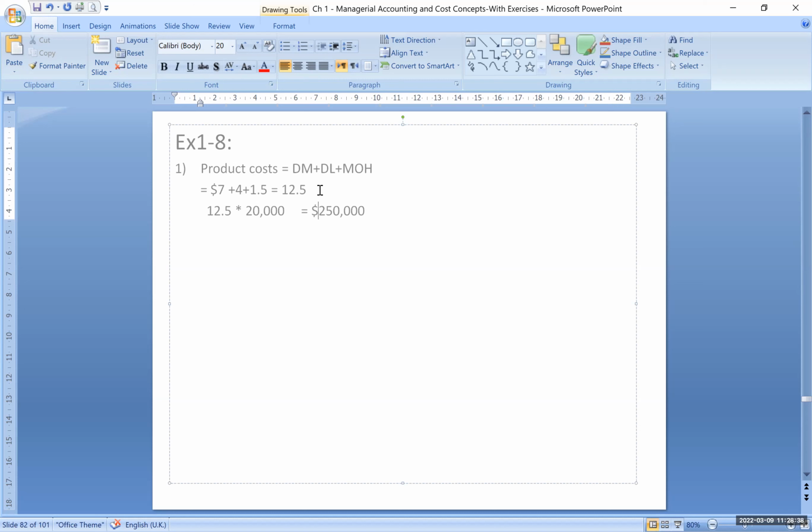Direct labor is variable also. And the 1.5 is the variable manufacturing overhead per 1 unit, multiplied by 20,000 units to get the total variable manufacturing cost. So if you like, this will be the total variable manufacturing costs.